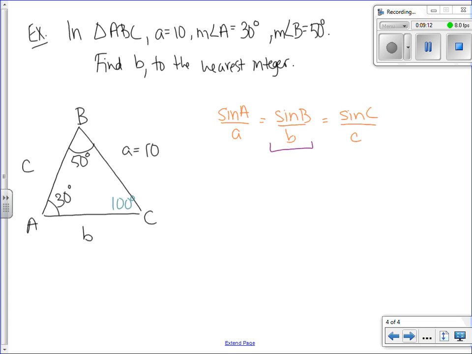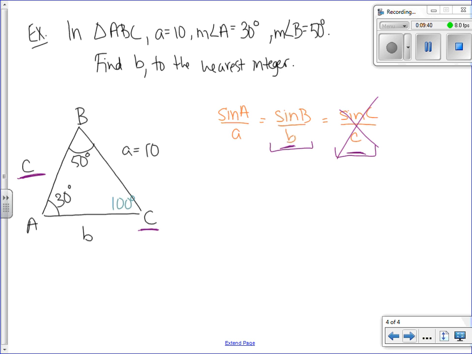Now looking at this, I know my angle C, but I know diddly squat about the side c. So it's not going to help me to use this piece, because I'm looking for b, but I don't know c. That gives me 2 things that I don't know. So I don't want to use this one.